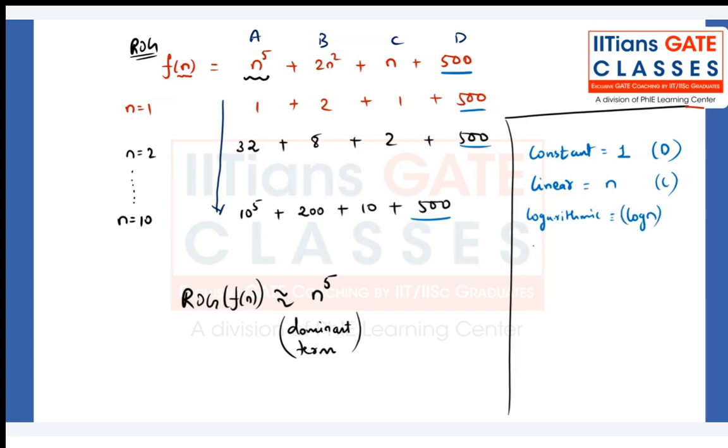Then there is log linear, which is n log n. Then we have quadratic, which is n square, cubic, and so on. We have exponential, which is 2 to the power n, and factorial, and so on. So these are your increasing rates of growth.